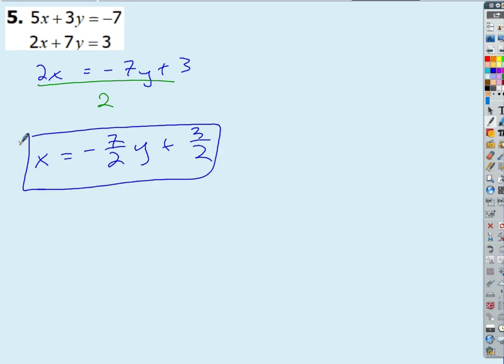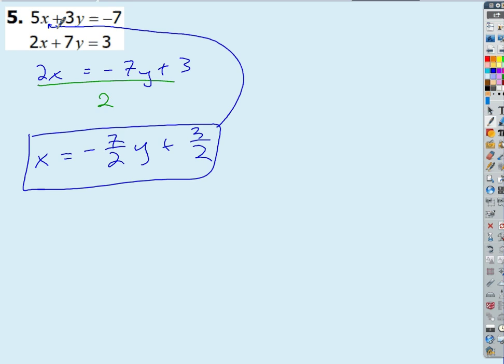That's a terrible substitution equation, right? We don't want to go there. I'd have to plug that into the top equation, and that would be bad. I have to multiply a 5 through everything, and then when I solve for y, I'm dealing with a bunch of fractions the whole time.